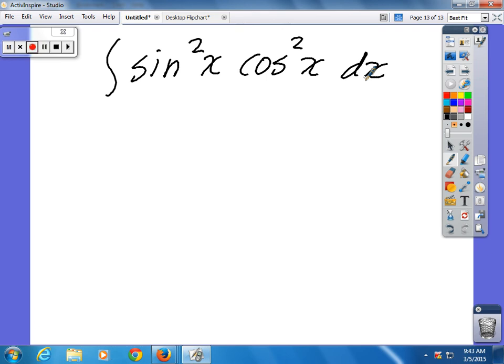Pull up the old trig identities. Not the Pythagorean, because that would just cause a mess. Dang old double angle, dang old half angle. All right, we'll pull them up on the screen, because y'all done forgot them, right?